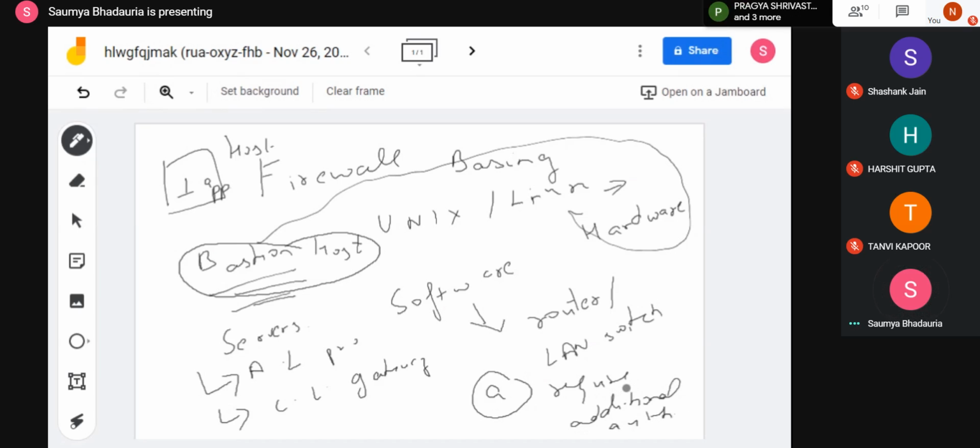Okay. Other than this, whatever proxy service is running on this bastion host can also have its own authentication. So what does it mean? The firewall will obviously have an authentication scheme, because we said that in ALG and CLG authentication would be required.